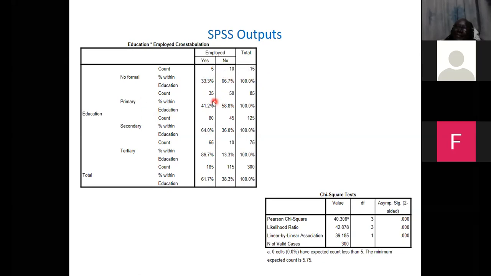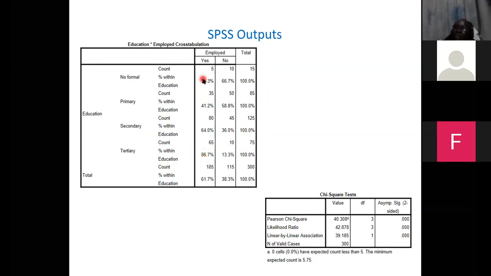For primary education, 35 out of 85, 41.2%. 41.2% is higher than 33.3. Then secondary education, you see 80 out of 125 are employed, which is 64%, higher than 41%. Then tertiary education, out of 75, 65 are employed, which is 86.7, higher than 64.